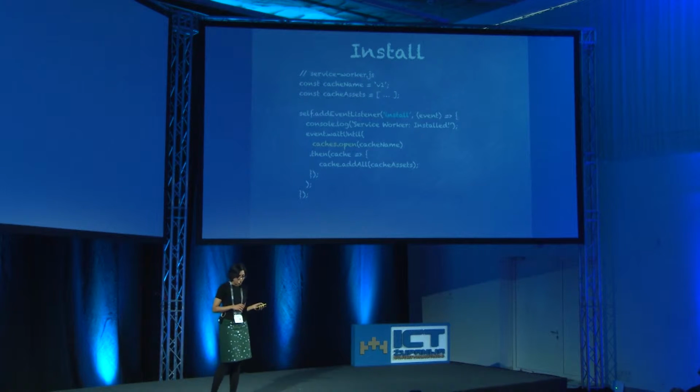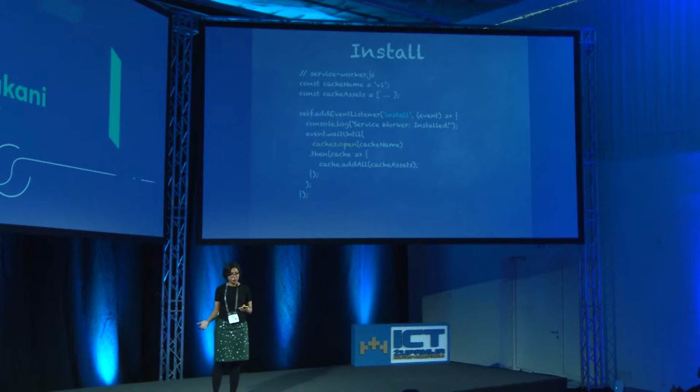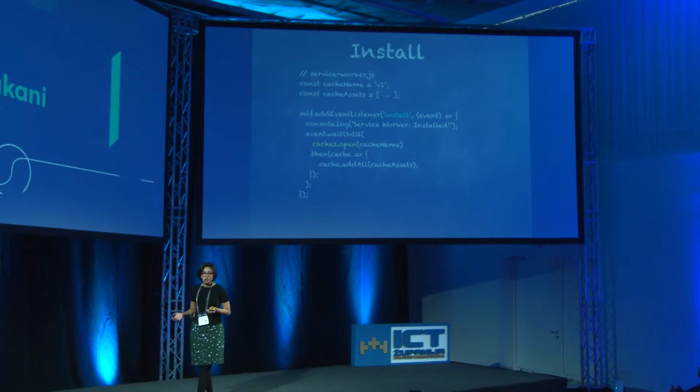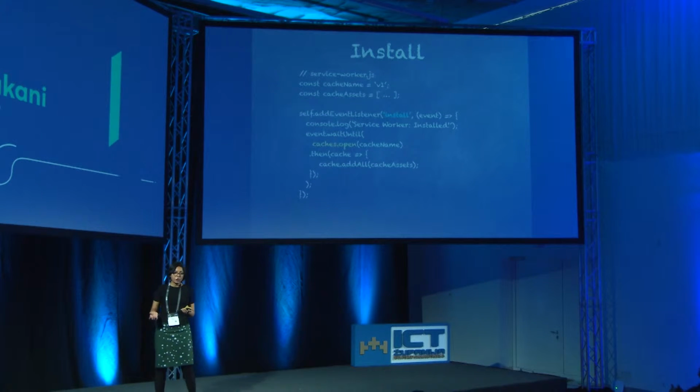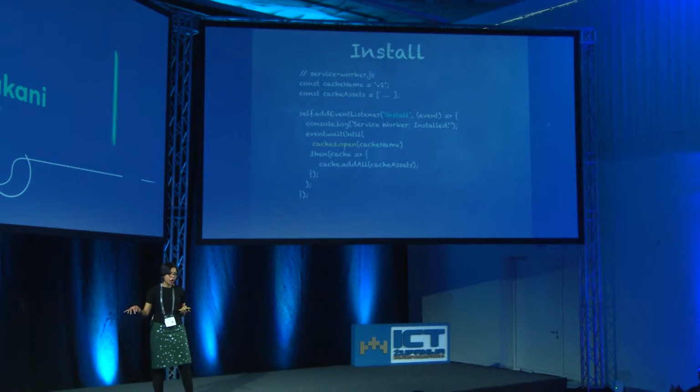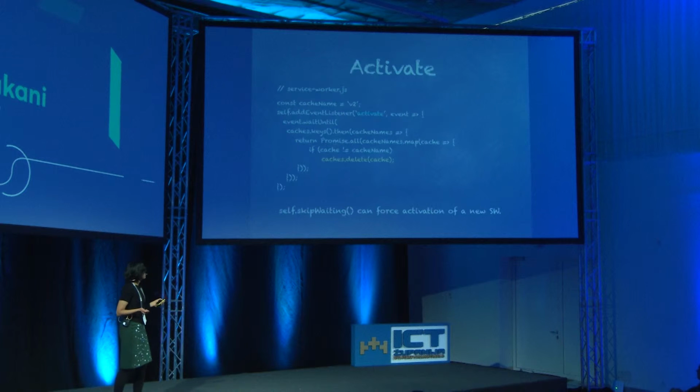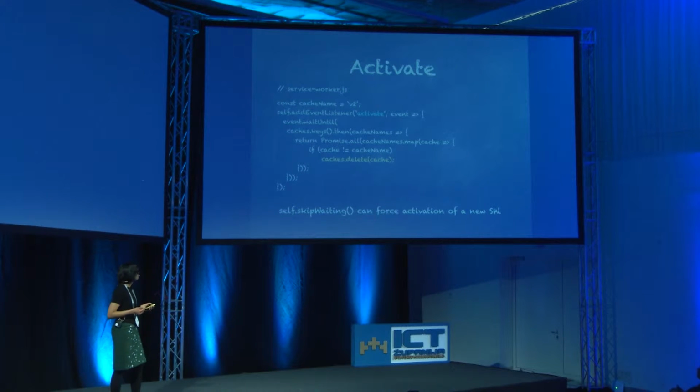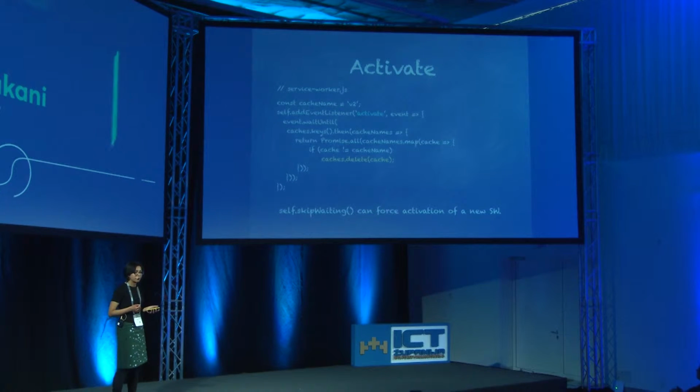Now, let's say you have pushed out a new version of your service worker. The browser won't load it until all the existing tabs that are using the older version are either closed or refreshed. Once that happens, the browser will send you an activate event, which you can listen to in your service worker.